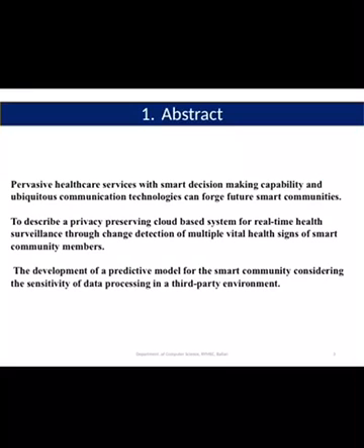Let's look at the abstract of the overall seminar. Pervasive healthcare services with smart decision making capability and ubiquitous communication technologies can forge future smart communities. Let me just rephrase it. Due to the widespread of healthcare services, we can build smarter communities by making decisions smart, with the help of 4G or 5G networks available.